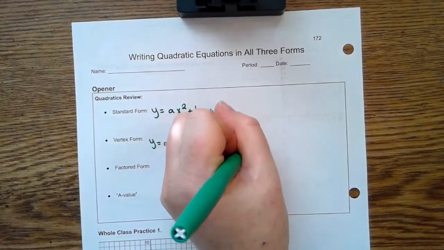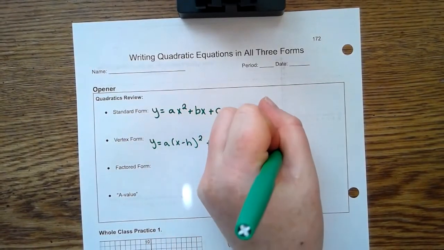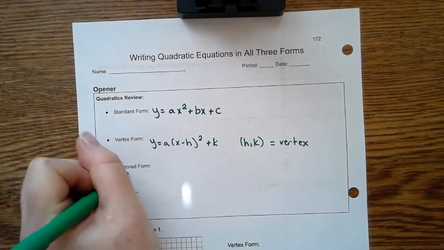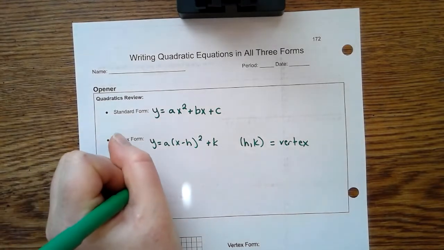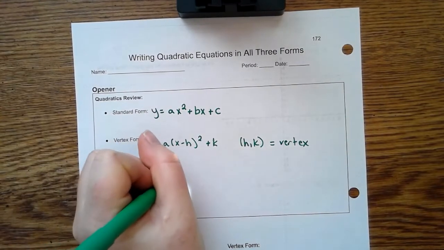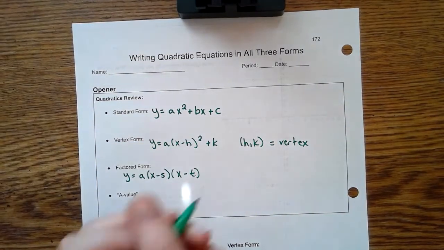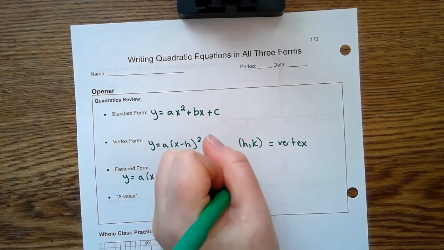And remember, h comma k is your vertex. Factored form, y equals a, x minus s, x minus t. And as a reminder, these are x-intercepts.